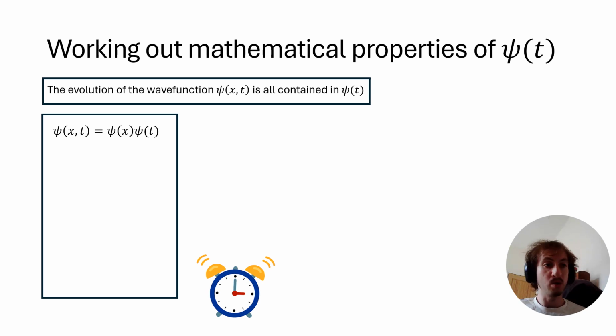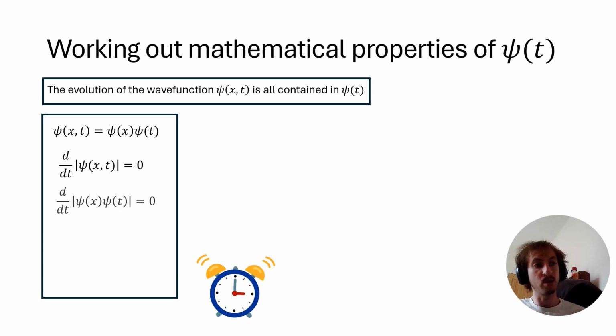And also our overall wave function is given by multiplying psi of x and psi of t together. And as we say, the magnitude of the overall wave function is time independent, so the derivative of the magnitude would be 0. Well, we can now substitute for the overall wave function the time and space components of the wave function, and we have this.